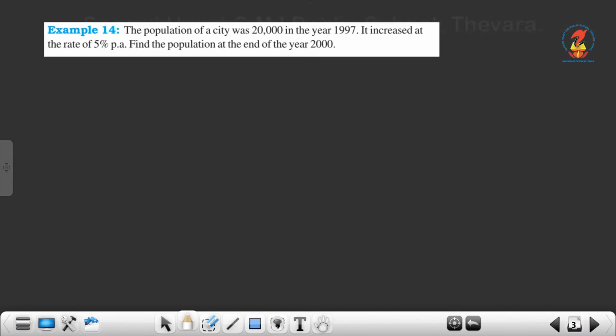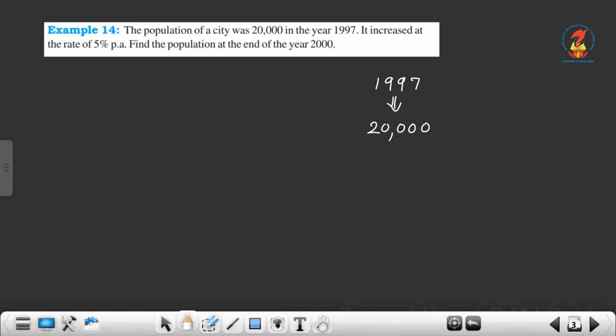The population of a city was 20,000 in the year 1997. It is increased at the rate of 5% per annum. Find the population at the end of the year 2000. In 1997, the population was 20,000.